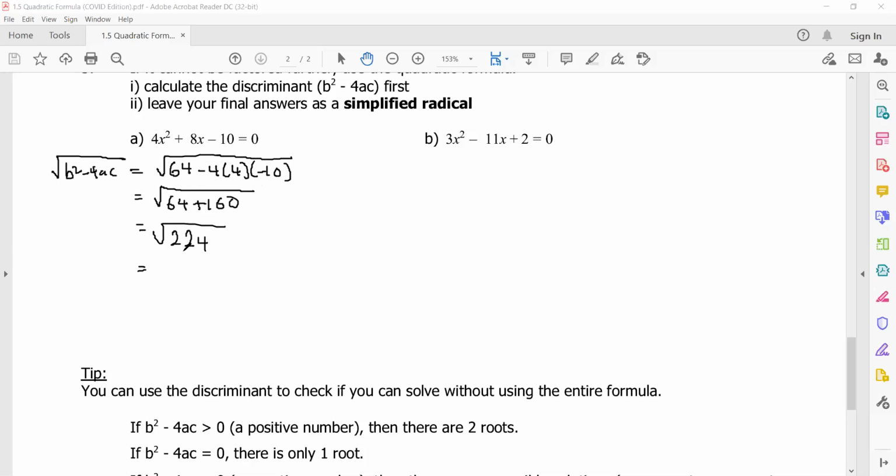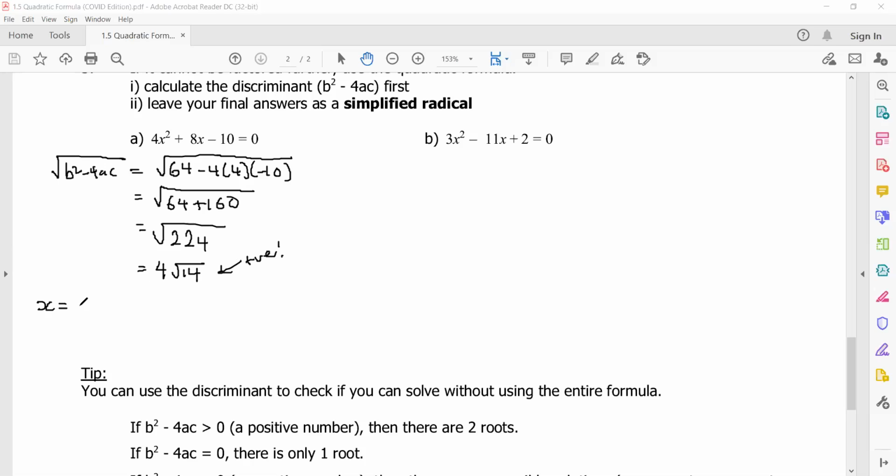I can factor out a 16, so that turns into a 4 root 14. Okay, it's a positive. So I know that there's going to be two answers.